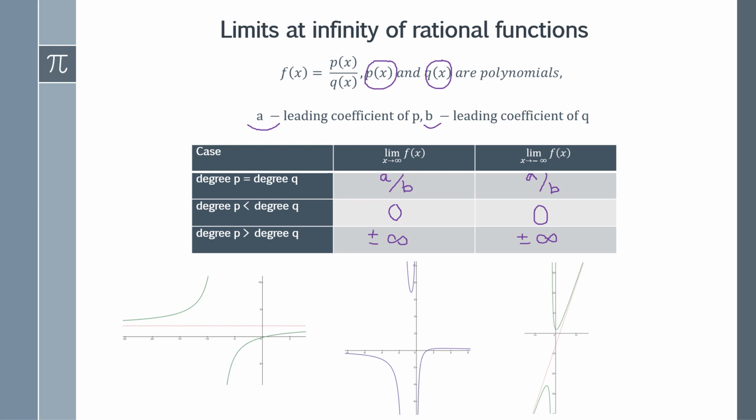As always, you can use Desmos to compute these limits, but we're going to learn how to compute these limits algebraically. All right, so these are the three cases that you should keep in mind as we approach limits at infinity of rational functions.